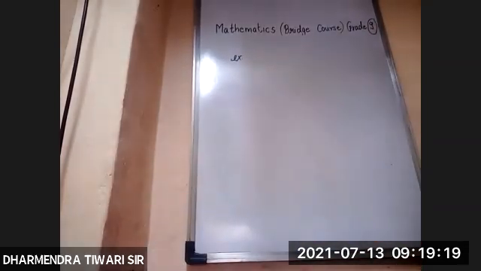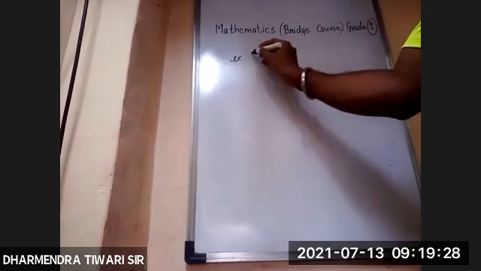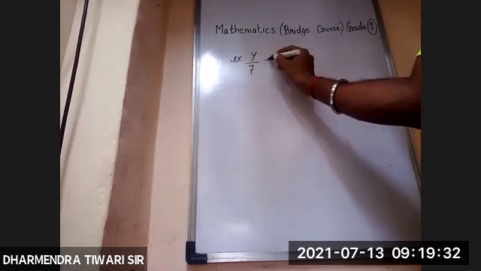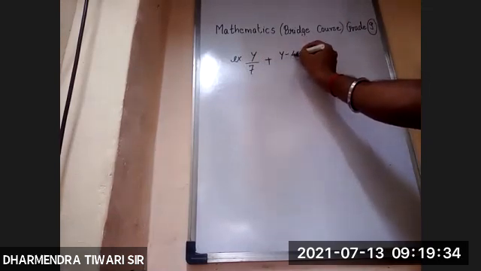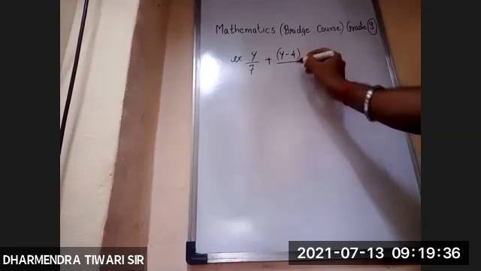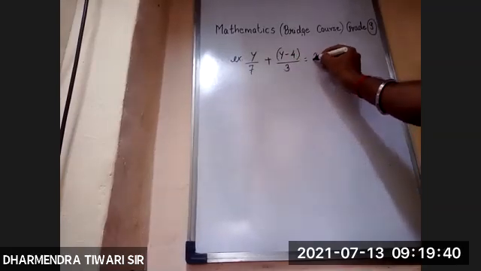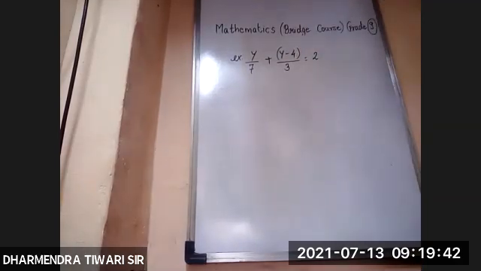Now take an example in which we are having 2 fractions and both the denominators are different. y by 7 plus y minus 4 divided by 3 is equal to 2.